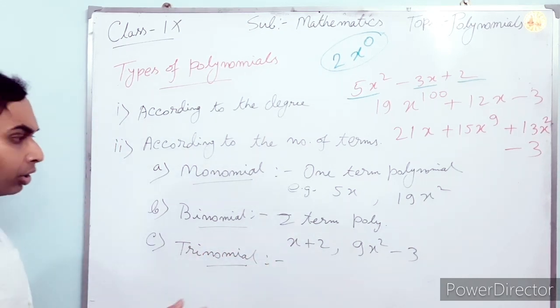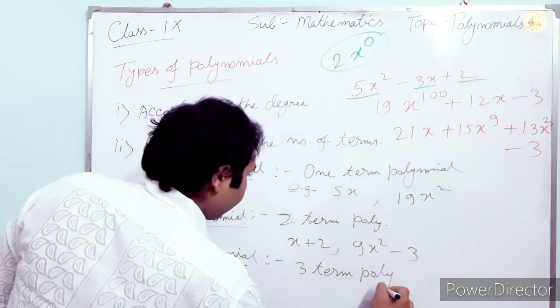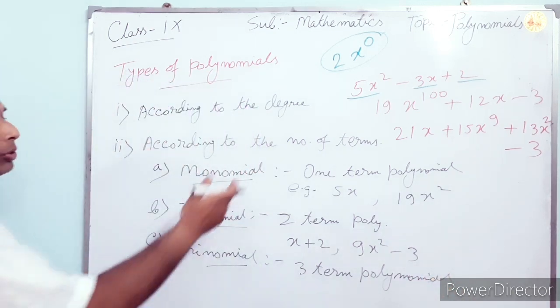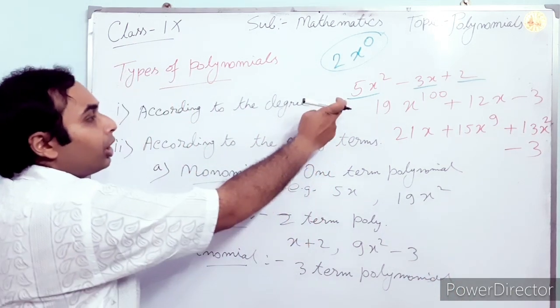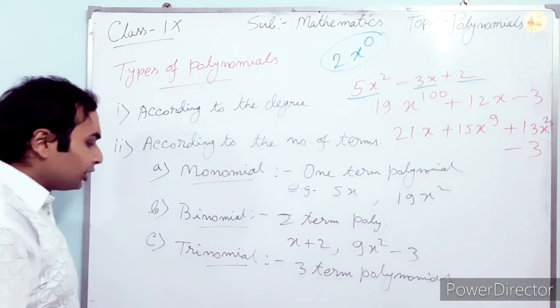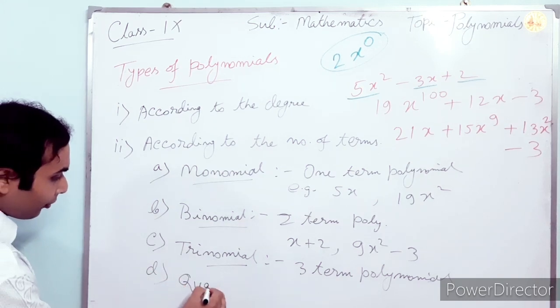C, trinomial. Tri means 3, so obviously it will be a 3-term polynomial, 3 terms will be there. This is one 3-term polynomial, this is one 3-term polynomial. Those are the 3-term polynomials. D, quadronomial.